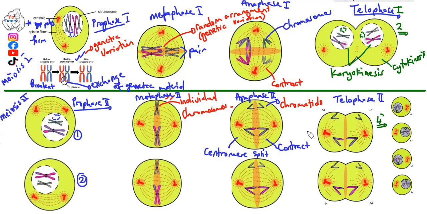So you've got 2 from the first cell and 2 from the second cell, which are the products of meiosis 1. Another thing I didn't indicate here is the halving of the chromosomes. So we can say that meiosis 1 is the reduction phase.